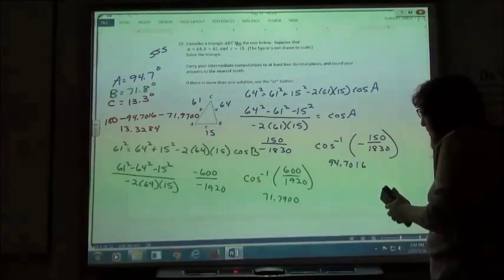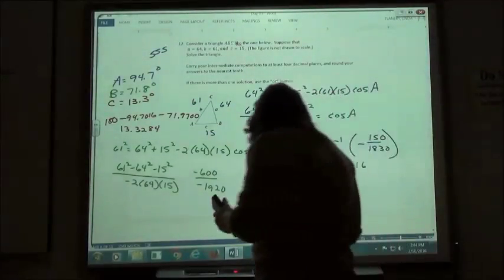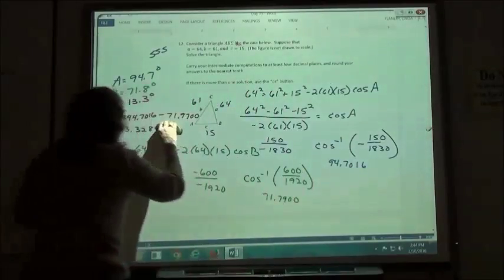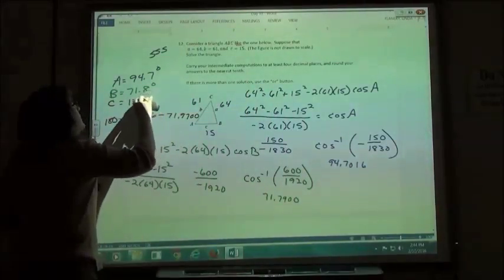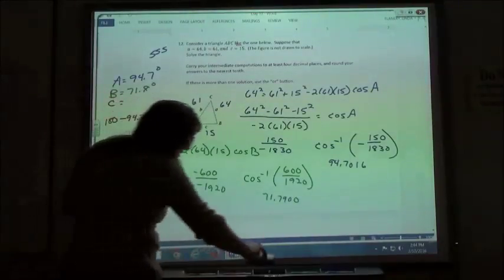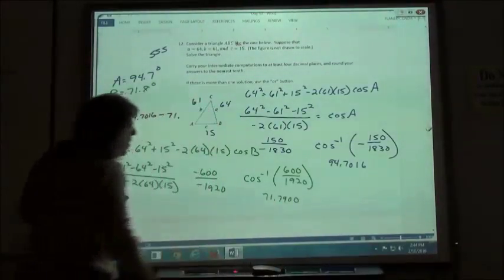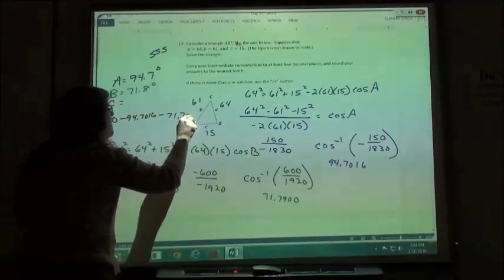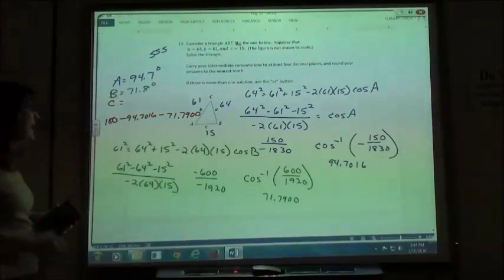Oops, wait a minute here. I can't read my own writing. That was not supposed to be 71.97. It was supposed to be 71.79. Now let me resubtract that.